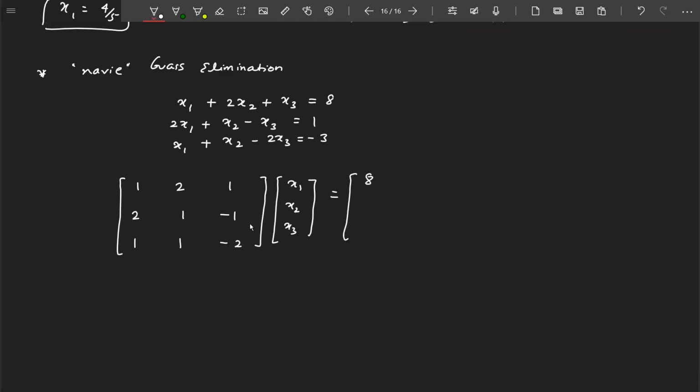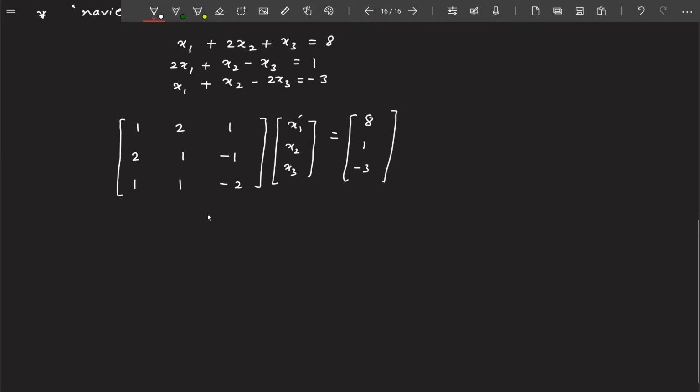It's going to be 8, 1, minus 3. So how do we know what we have written is correct? You just multiply this into this, and you should get equation number 1. This into this, you should get equation number 2. This into this, you should get equation number 3. So blindly you should follow this: write down the coefficients, then the second matrix, and then the constants.